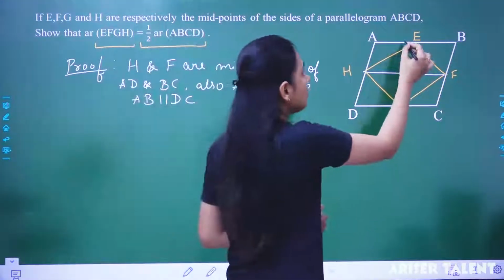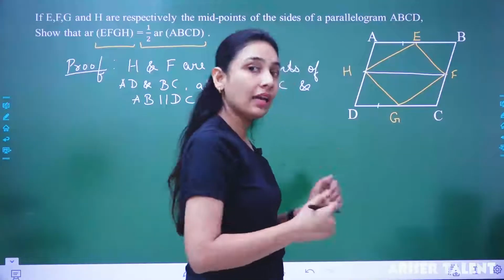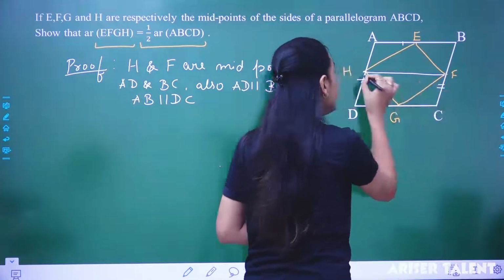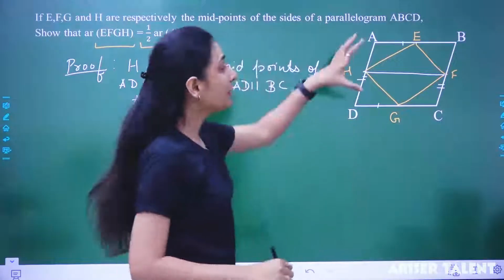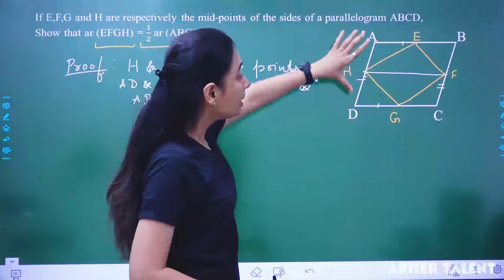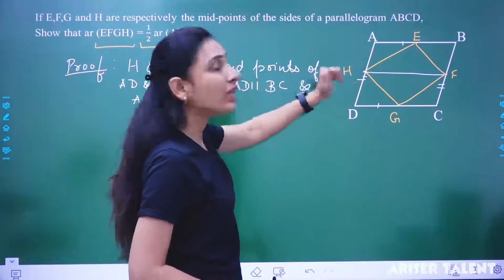We have these two lines parallel and equal, and these two lines parallel and equal. That means the midpoint H divides this line AD into two equal halves.